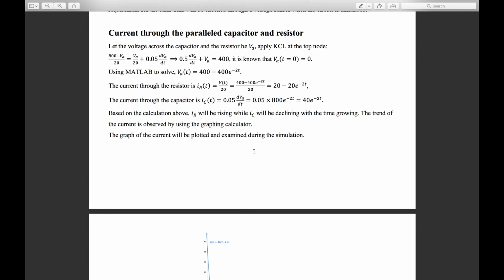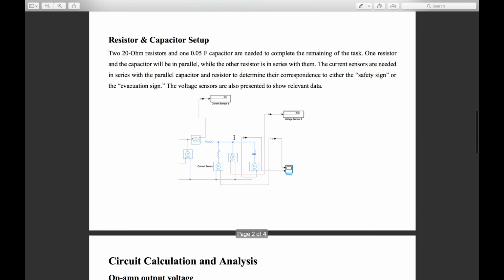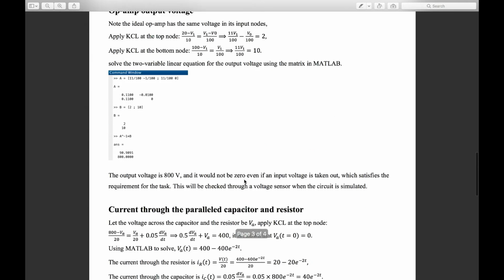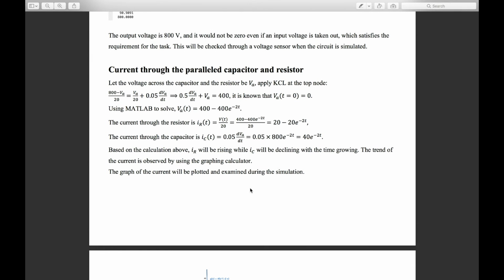For the current running through the parallel capacitor and resistor, I also assigned a voltage called VA at the node in this position, and also apply KCL at the top node. So we get a first order differential equation, 0.5 dVA over dt plus VA equals 400, and we have the initial condition VA at time equals 0 is 0.